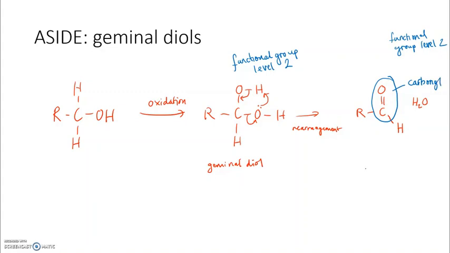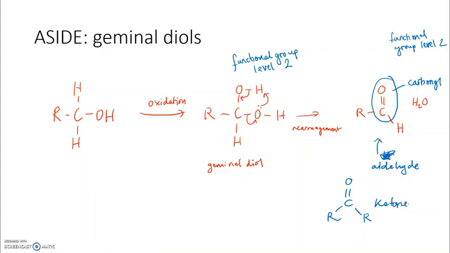Now, carbonyls come in two flavors. This here would be an aldehyde, but you can also have ketones where you've got two R groups.